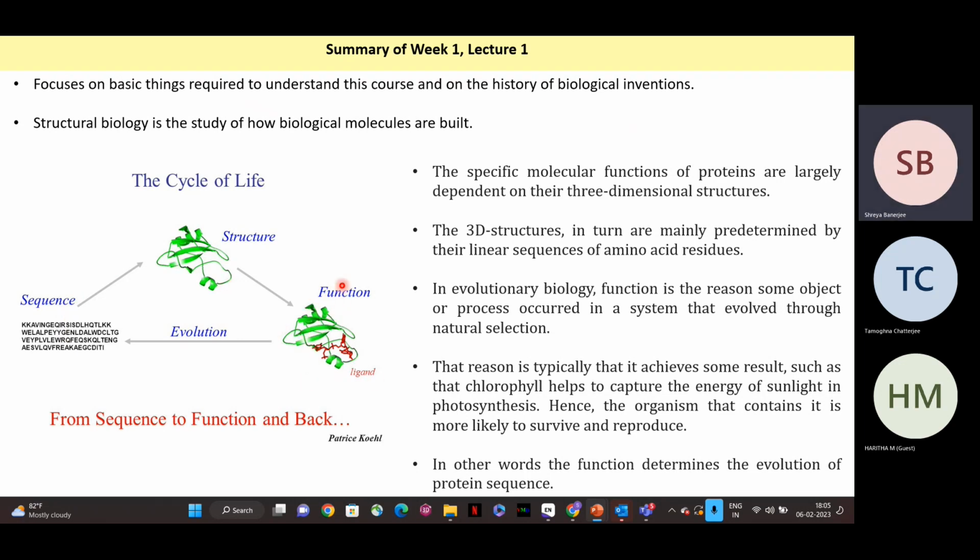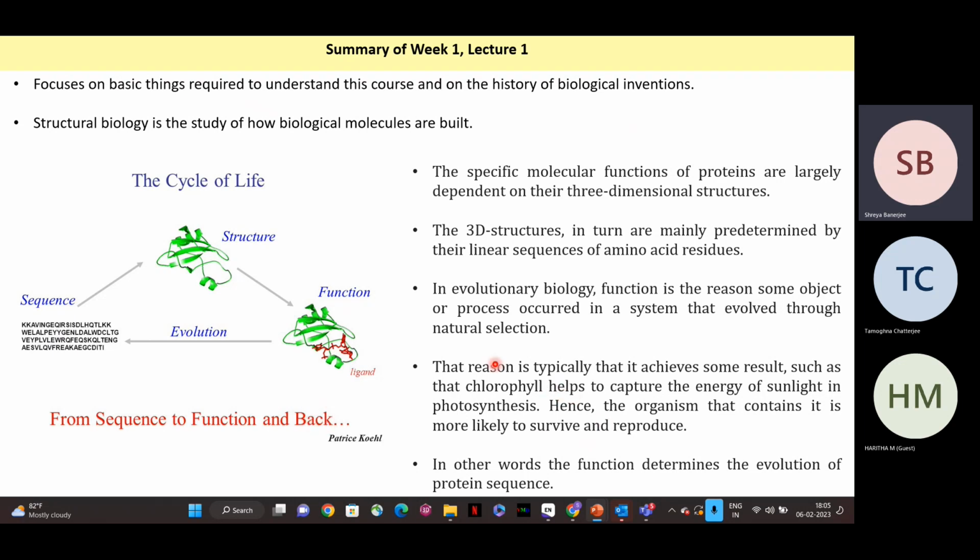Now, the evolution of a protein is also dependent on the function. So basically what happens in evolution is that those organisms that are more likely to survive and reproduce are the organisms that continue to pass their genes to the next generation.